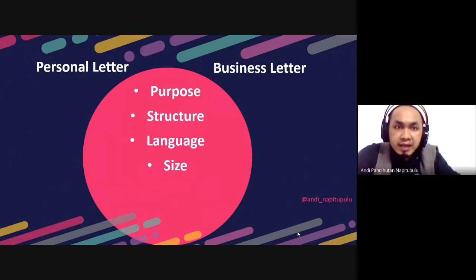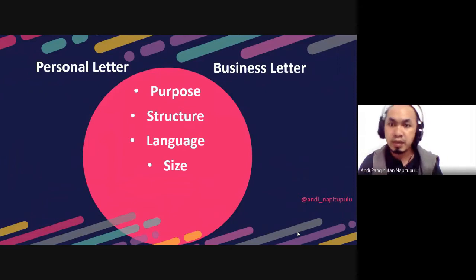What about the size? The size of the paper in a personal letter and a business letter is very different, right? In a personal letter you can use any kind of paper, but in a business letter you are not allowed to.